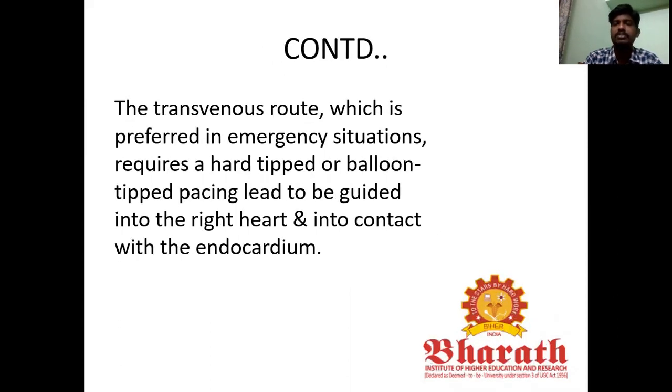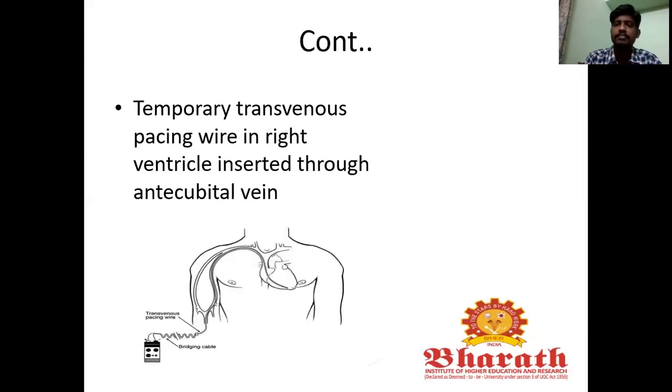The transvenous route is preferred in emergency situations. It requires a heart tip or balloon tip pacing lead to be guided into the right heart, into contact with the endocardium.